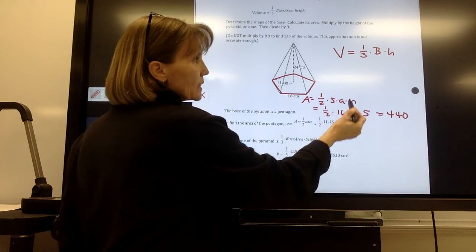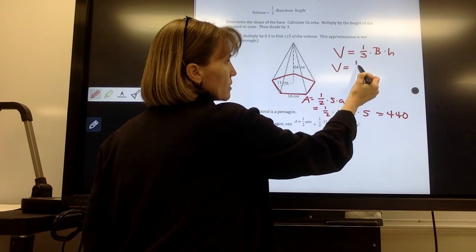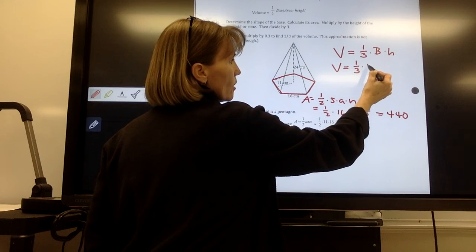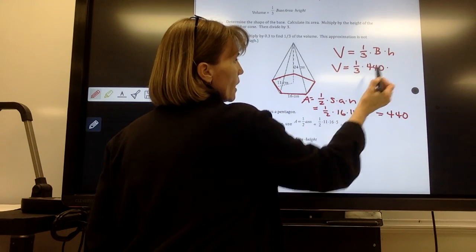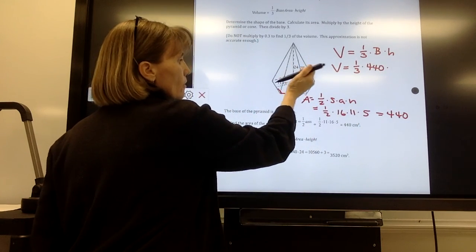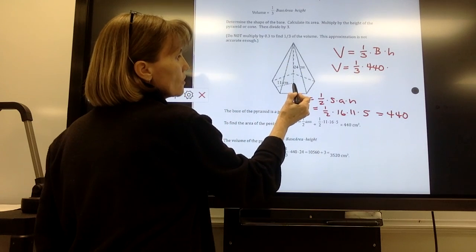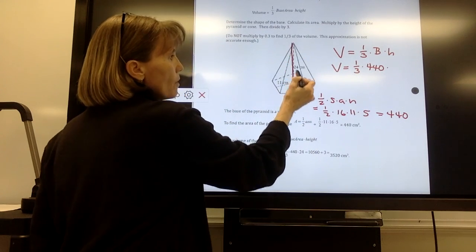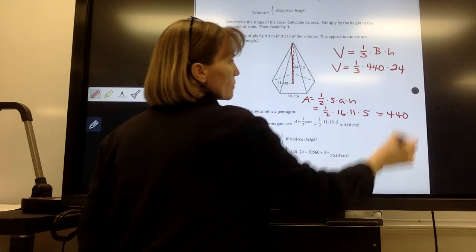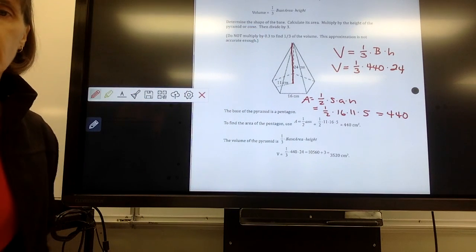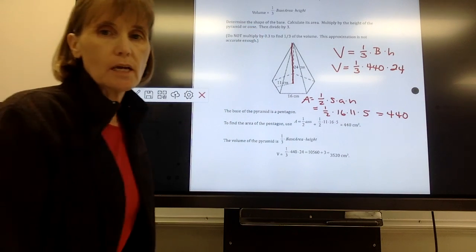Okay, so that's the base area. So volume is going to be equal to 1/3 times 440 times the height of the pyramid. How tall is it from the bottom straight up to the top? Well, it's 24 centimeters. So you're going to take 1/3 times 440 times 24.